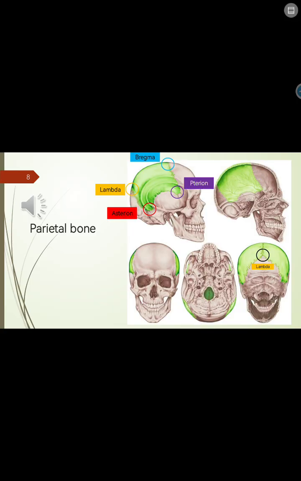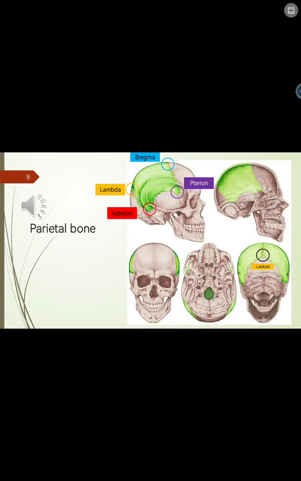The frontal, parietal, sphenoid, and temporal bones usually meet at a point called terion, which marks the site of a sphenoidal fontanelle in the embryonic skull.